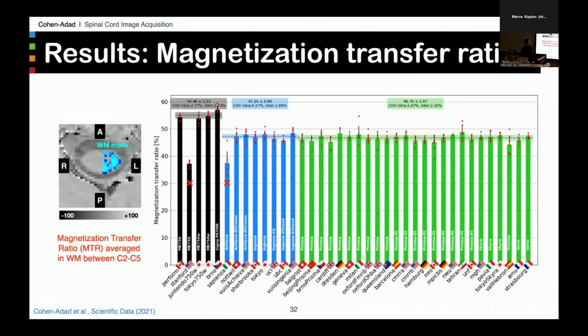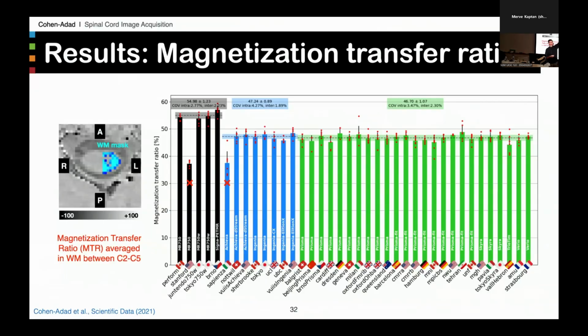Similarly, we computed the white matter magnetization transfer ratio between C2 and C5, and then we could also map those different metrics. And for some of the sites here, there's a red cross in Stanford, I'm sorry, I think that is just because there was some version of the scanner that used another TR, and that screwed everything up in terms of the MTR variability.